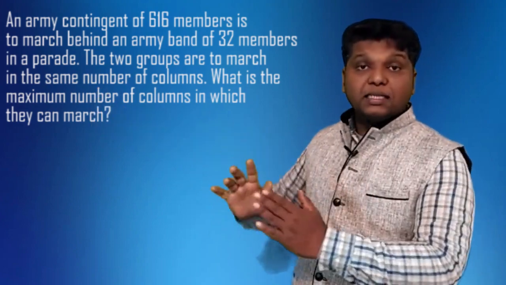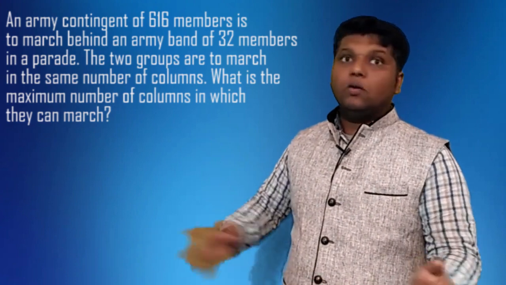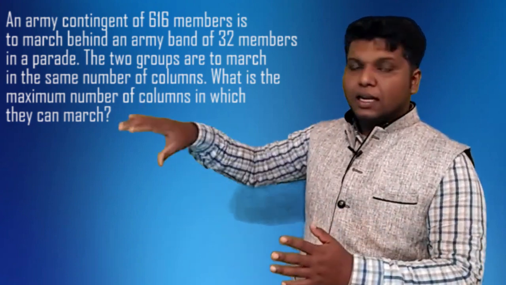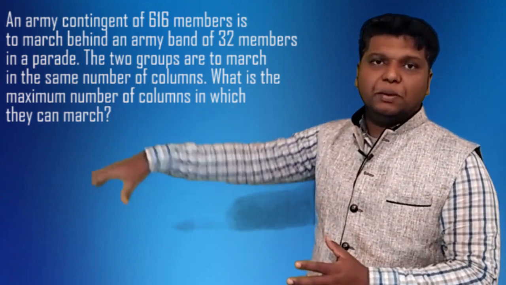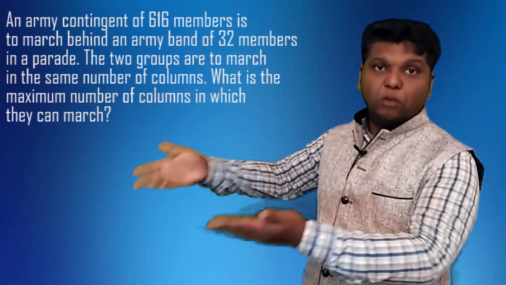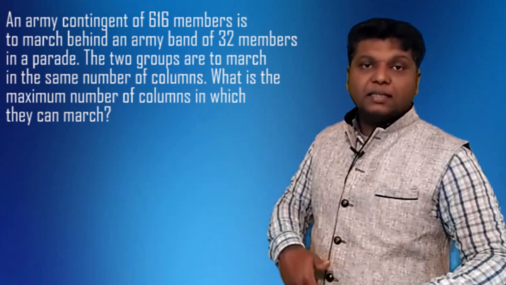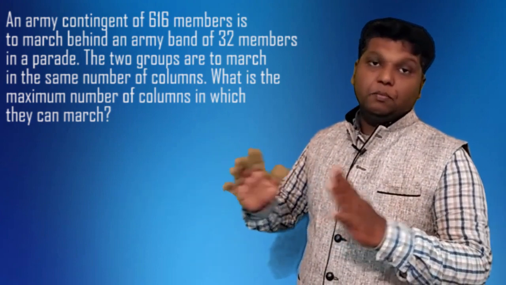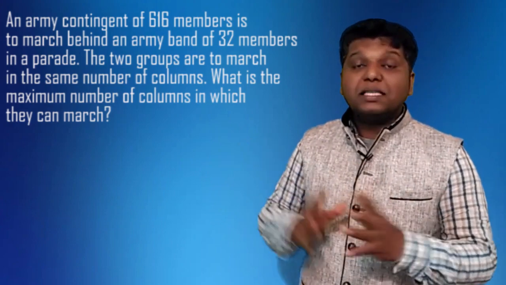Both of them should march in exactly the same number of columns. We cannot take two soldiers from one group and keep them in the other, because both are entirely different. They are supposed to blow the band, and here they are supposed to march. Both have different programs, so definitely we cannot mix them up.